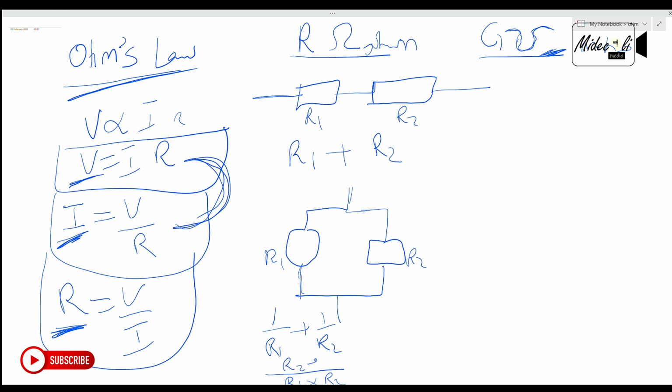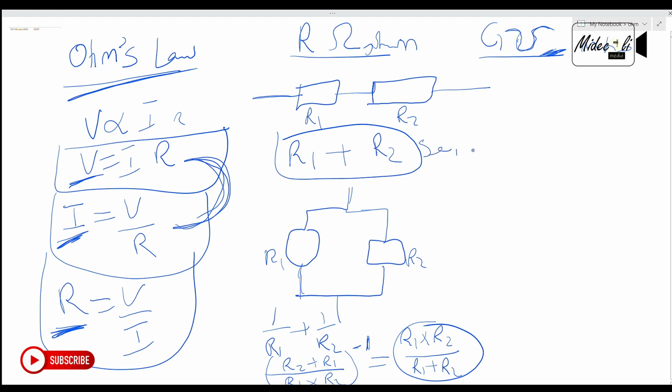That's R2 plus R1, inverse, which is equal to R1 times R2 over R1 plus R2. This is series and this is parallel.